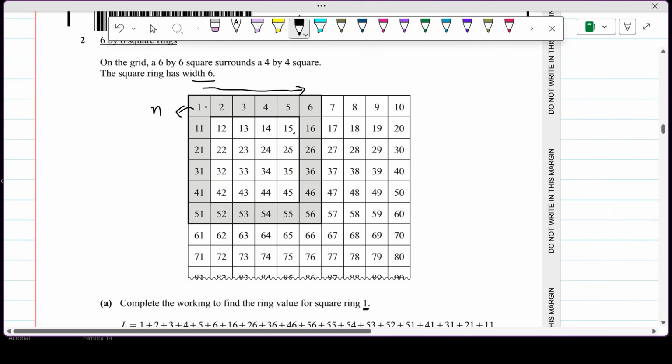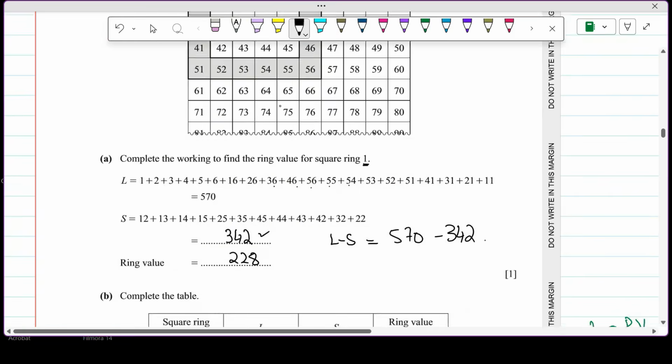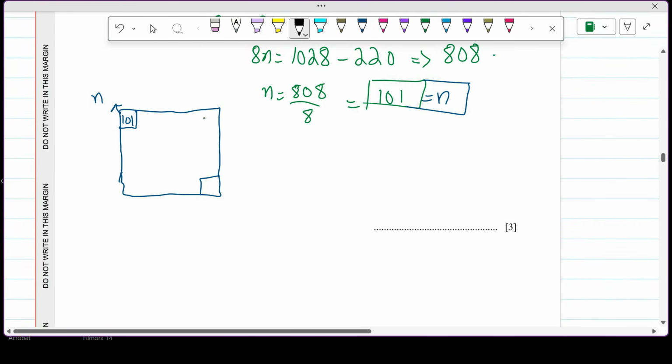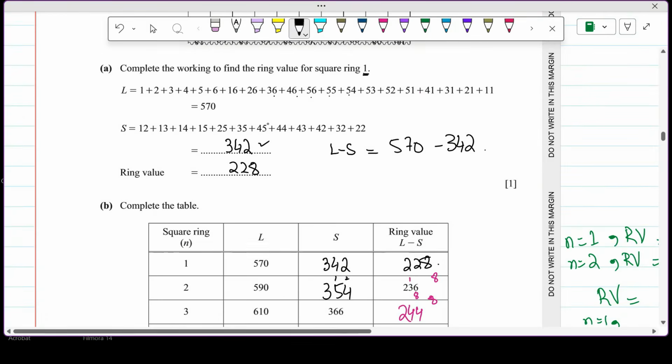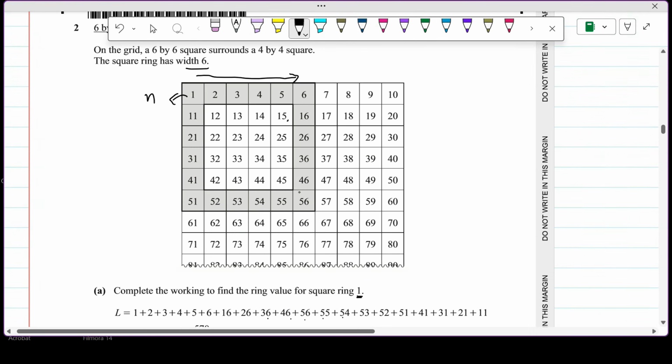So from the n value we will increase by 1, 2, 3, 4, 5, so we will increase by 6 to get to this position, means top right. So this one will be 101, 102, 103, 104, 105, 106. Now when we move downward, each box will increase by 10.